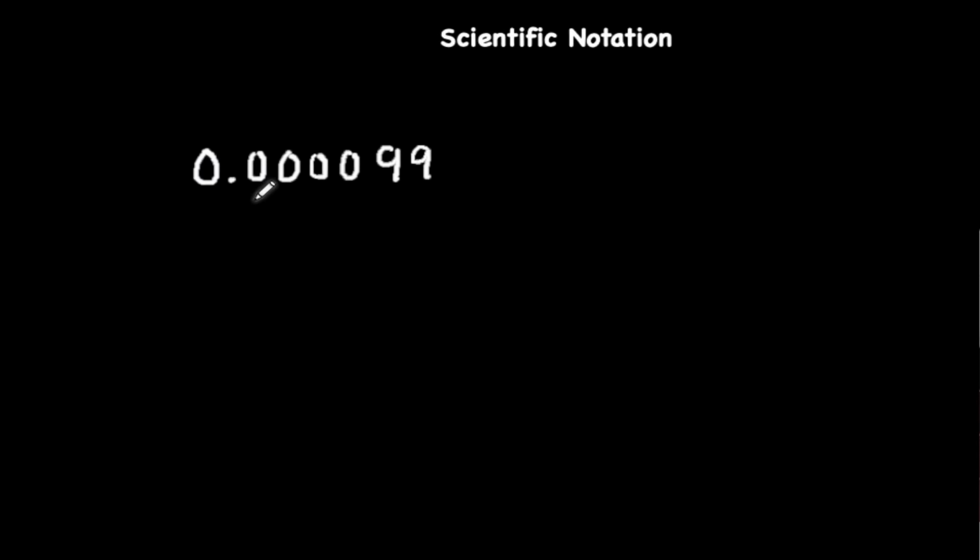And since this is a very small number, what I would like to state is that the exponent on the power of 10 will be negative, okay? So that's very important for you to get. So let's just say how that is determined, okay?